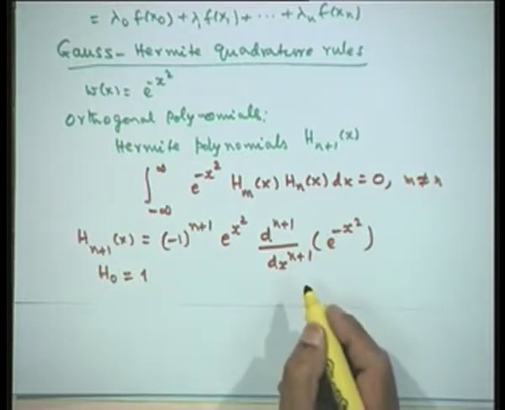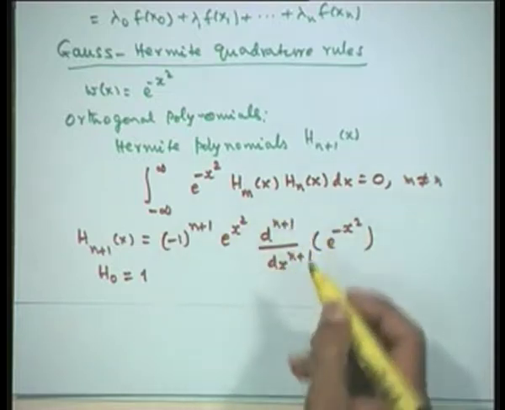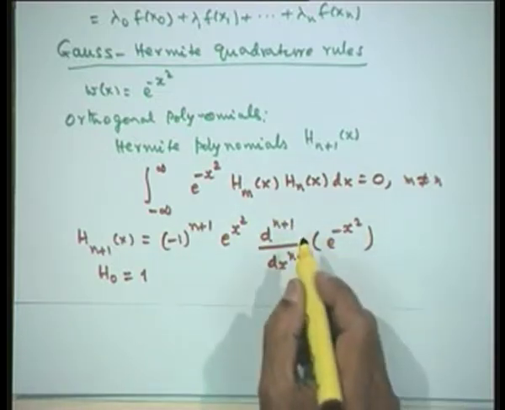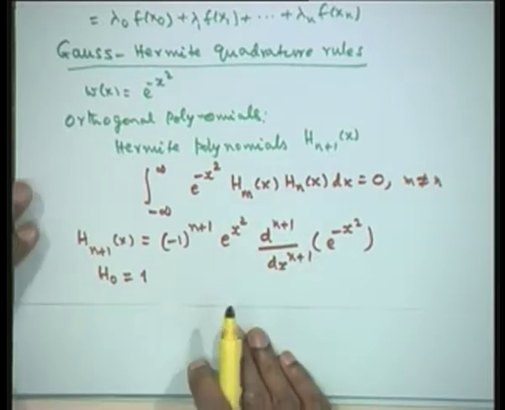This is again similar to the Rodriguez formula for the Legendre polynomials, which is also similar for the Laguerre polynomials. So, all the Hermite polynomials can be generated just using this particular formula. Let us take few of these and then construct our quadrature rules.